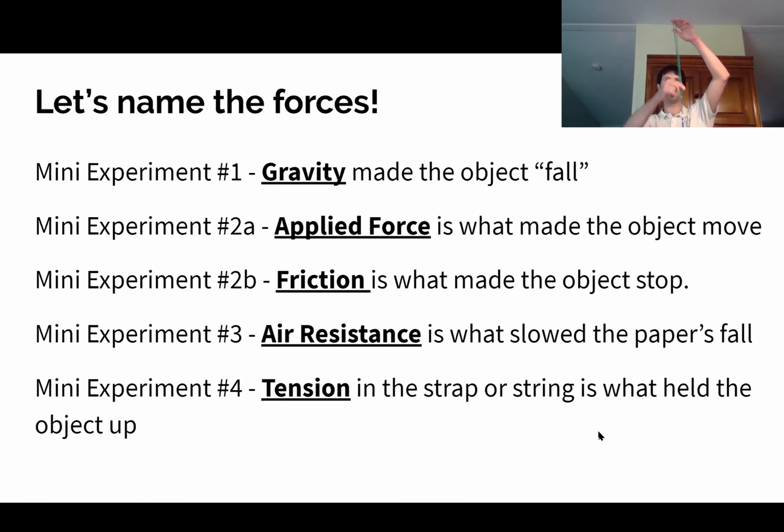So every point along the string is sharing some weight of this object. That's called tension. So these 5 forces, you'll see the names come up now and again as we go through this unit. So it might be important, especially for those first 3 forces, to take notes on knowing exactly how those things work. And there might be a few more forces that we introduce as we go on.